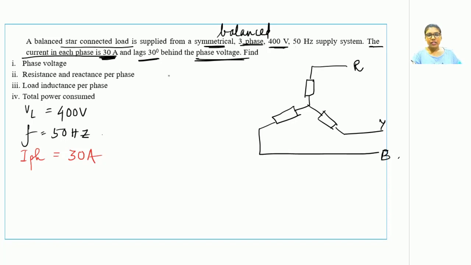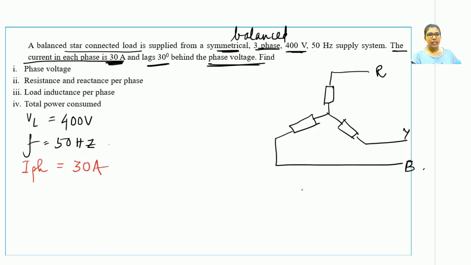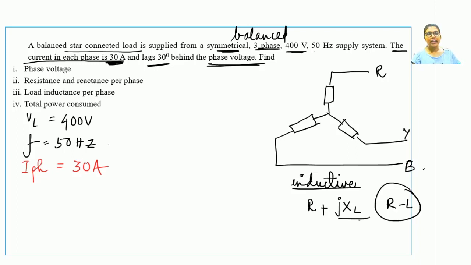So what we understand from this question is the value of the phase current is given to us and the angle by which the phase current lags or leads the phase voltage is also given to us. In this question, it is of a lagging nature. Lagging nature means the load must be inductive in nature. So it must be a series RL circuit. Quite possibly, let us see what the question is asking us to do.